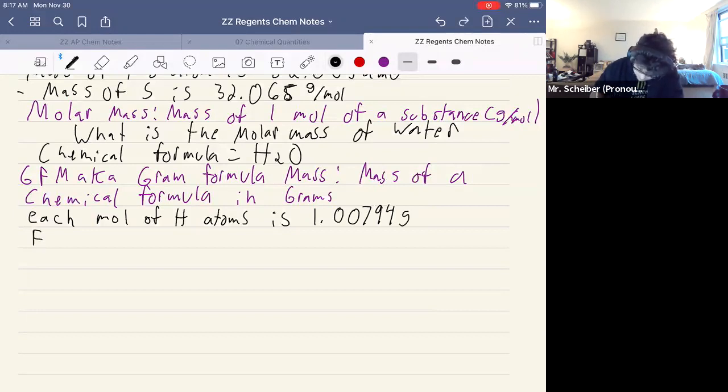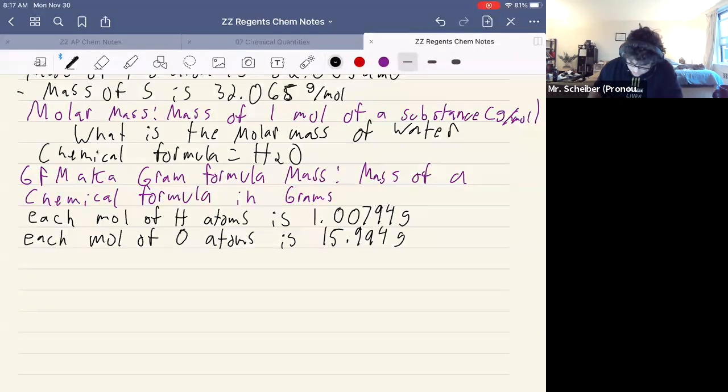And each mole of O atoms is 15.994 grams. And we know that there are 2 H atoms in a water molecule, right?